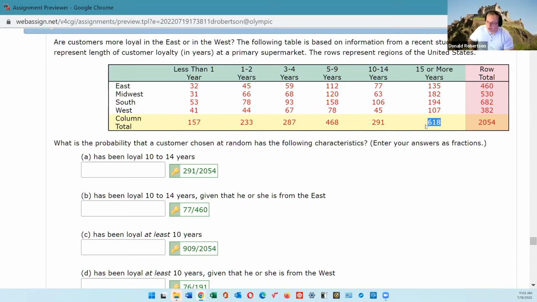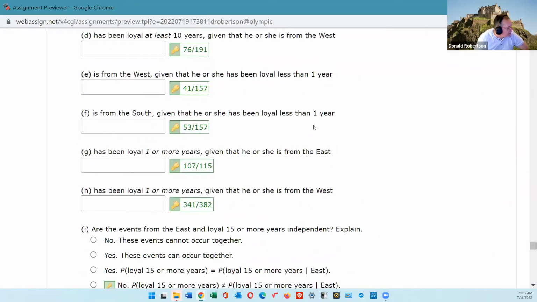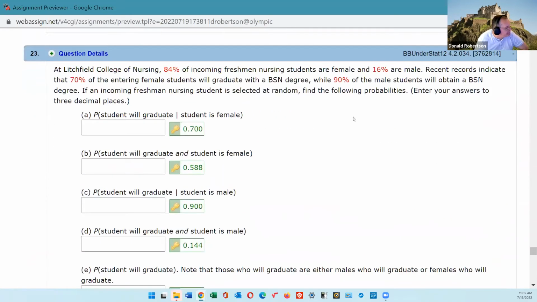Doesn't it depend on which one they told us is already known, right? If you tell me I'm from the South, I know to use the row that's South. If you tell me I've been loyal for 15 years or more, it's a column, and then the other number you get from there. God, I made that harder than it should be.